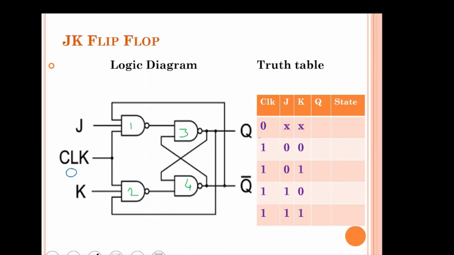So here if the clock is 0, then the output of the first and second NAND gate will be forced to be equal to 1 irrespective of the other inputs, that is J and K and Q bar. Because if one input of a NAND gate is 0, its output will obviously be 1 irrespective of the other inputs. So if the clock is 0, then the output of the first and second NAND gate will be 1.